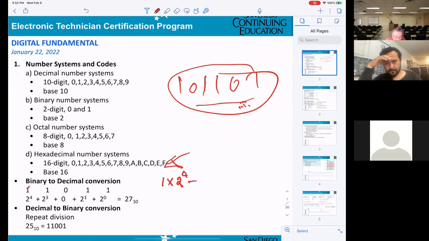And you add the next number, 1 to the power of 3. And you add the next number, 0 times 2 to the power of 2. Add the next number, 1 to the power of 1. And the last one, 1 times 2 to the power of 0.